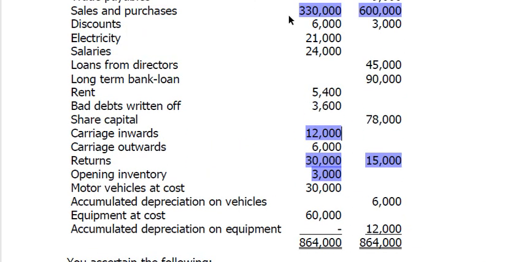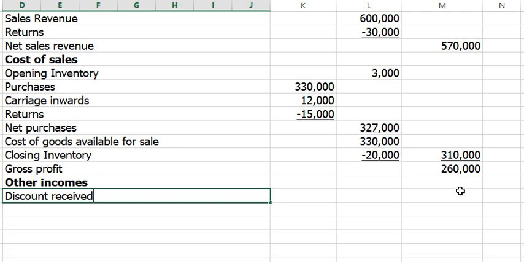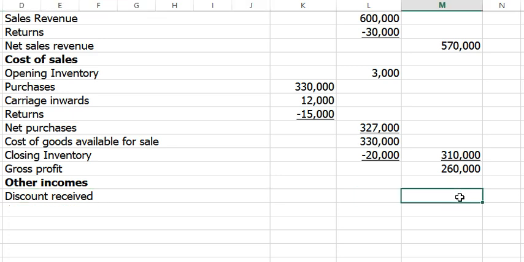In the question you have discounts, but they are not clearly specifying whether this is a discount allowed or a discount received. What you need to know is that the discount allowed is an expense, it has a debit balance, while the discount received is income, with a credit balance. So the discount received is 3,000 in this case.